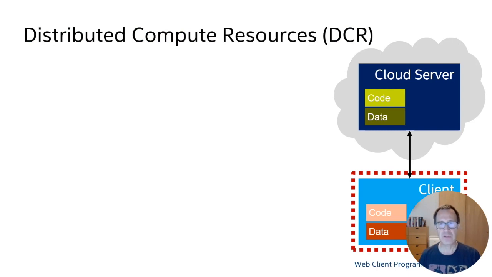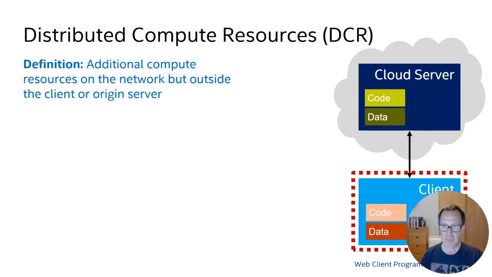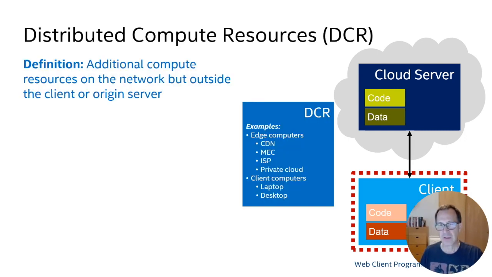So I'm going to talk about distributed computing resources. Generally, the web programming model is a client-server model. We mostly just think about compute on the server or on the client. But distributed computing resources is everything else, right? And there's two large categories. There's edge computers, which are sort of cloud-like, but don't live in the centralized cloud.